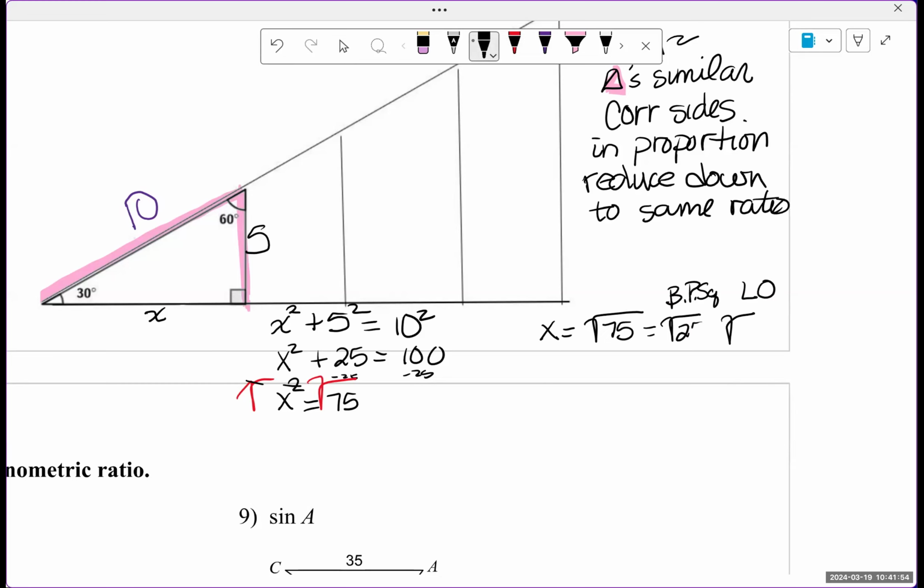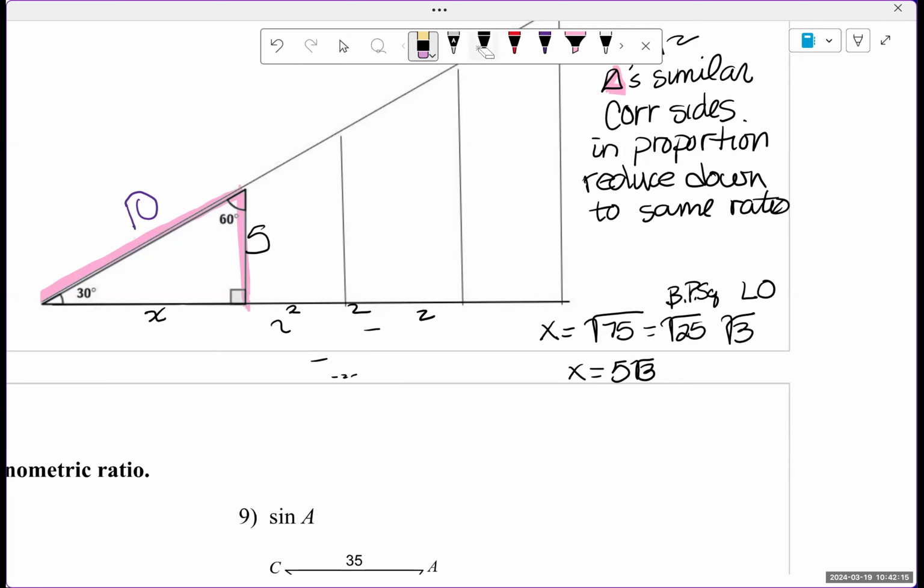So we have 25 times 3. Square root of 25 is 5, so it's 5 square root 3. If you're just now writing that down, take a picture because it's about to disappear. So we have a 30, 60, 90 triangle: 5, 5 square root 3, and 10.